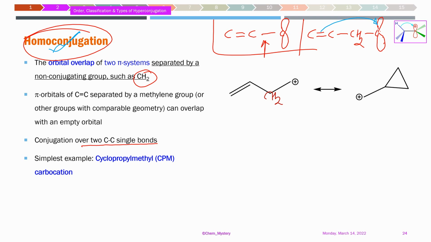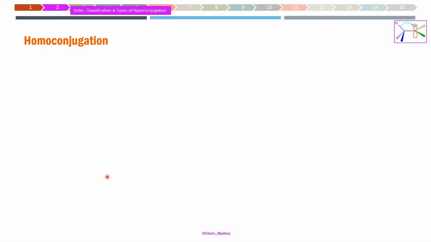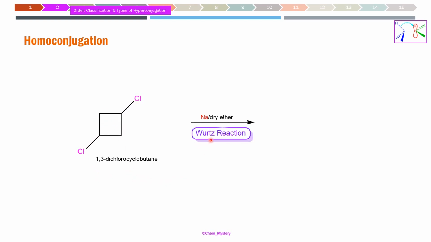And if the reactions take place under kinetically controlled conditions, then these three-membered rings are formed. We know a number of examples, and one very popular example is bicyclobutane being formed in a Wurtz reaction pattern when 1,3-dihalocyclobutane is reacted.